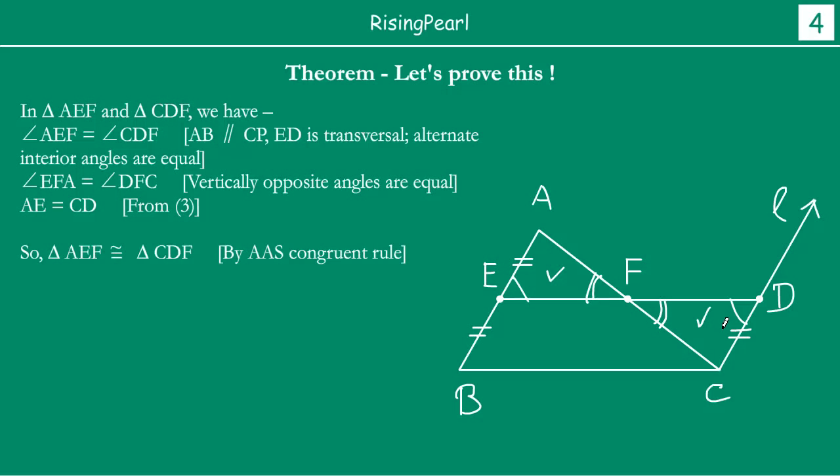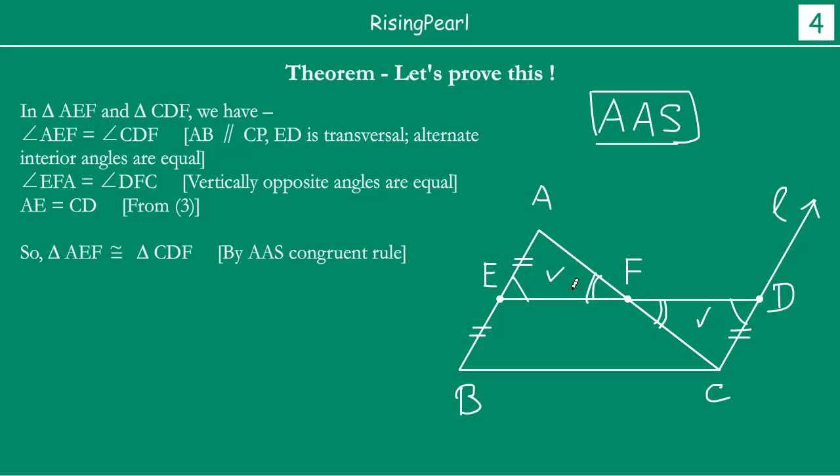So we can say that triangle AEF is congruent to triangle CDF by the rule angle, angle, side. By the AAS congruence rule, these two triangles are congruent.